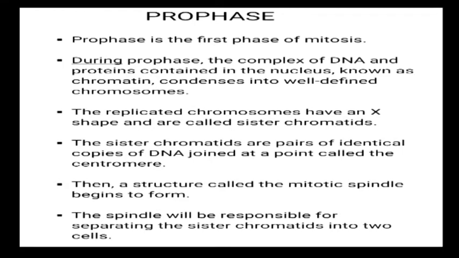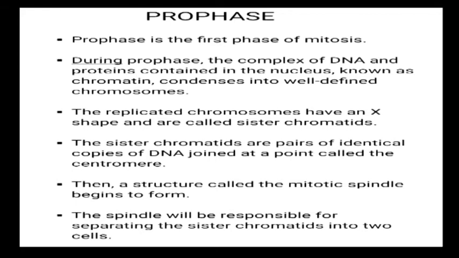Then we can see replicated chromosomes. They have an X shape and are called sister chromatids. These sister chromatids are joined at a point called the centromere.